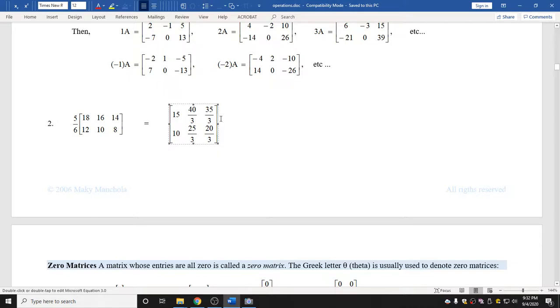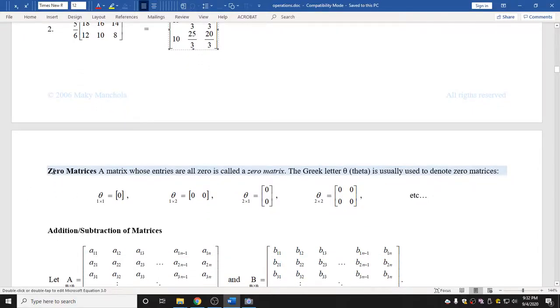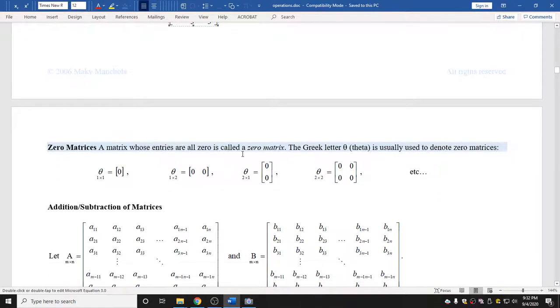Okay, 0 matrices. Obviously, when you say 0, you're thinking of 0 entries. So a matrix whose entries are all 0 is called a 0 matrix. Notice that we are saying a 0 matrix because there could be different 0 matrices.